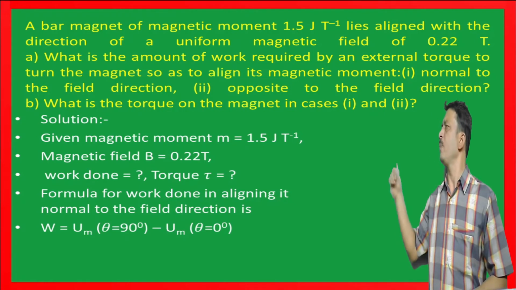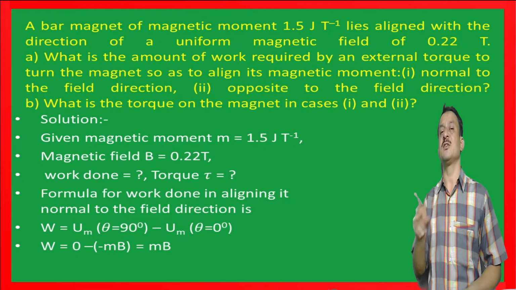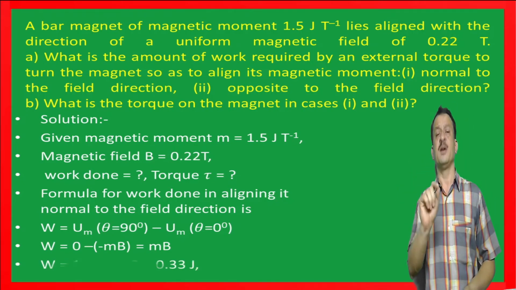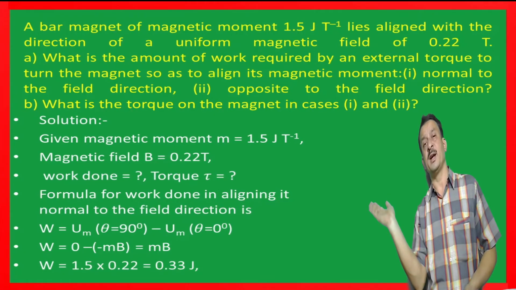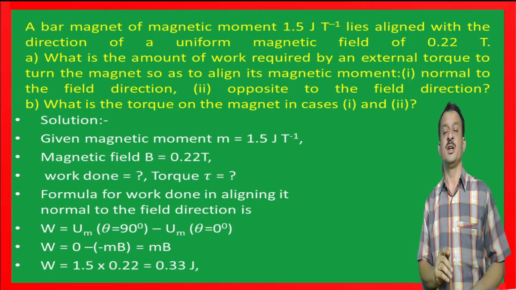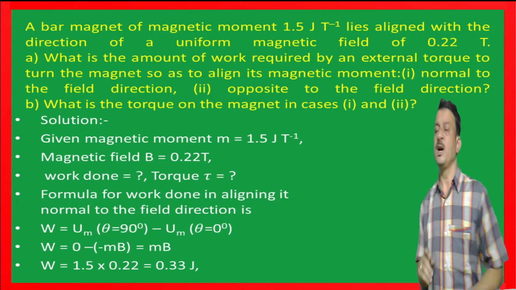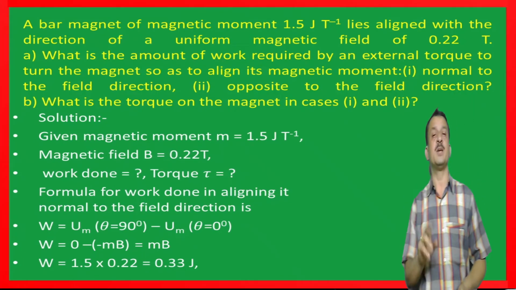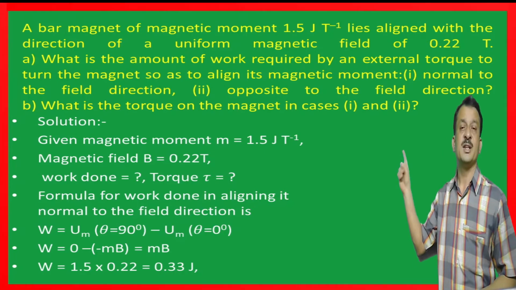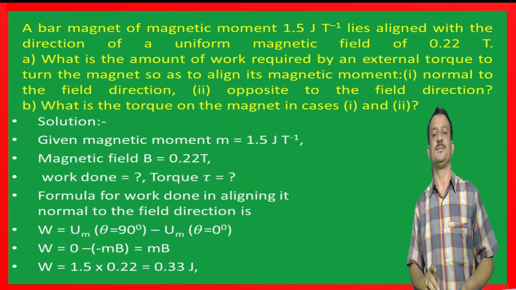Then minus cos 0 is 1, therefore minus mB. Minus of minus becomes plus mB. Therefore the work done in rotating the bar magnet to make it normal to the field direction is simply mB. Substitute the values: m is 1.5 and B is 0.22. If you multiply with the help of a calculator, I am getting the work is 0.33 joules. That amount of work is required.